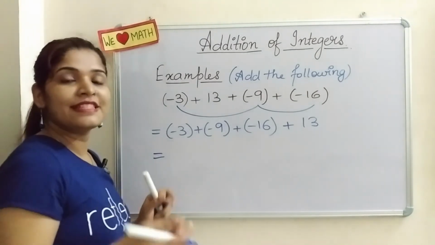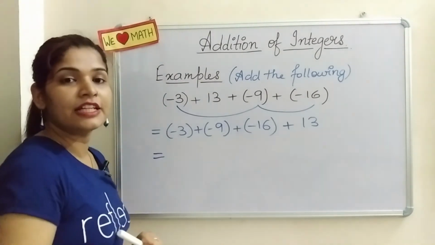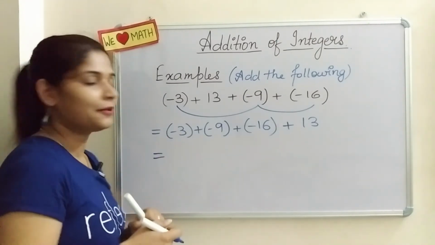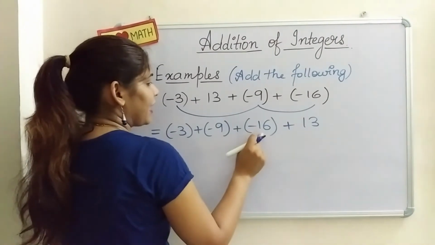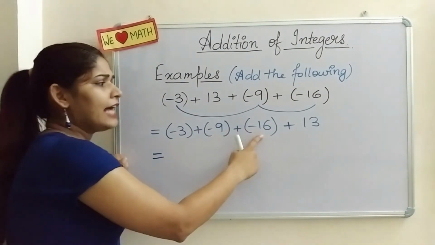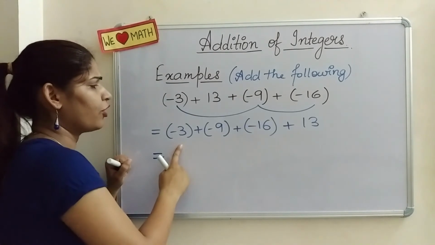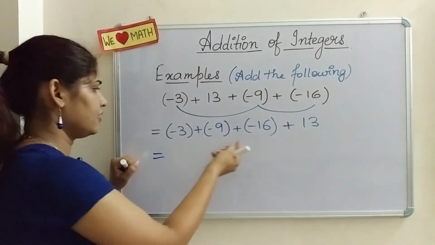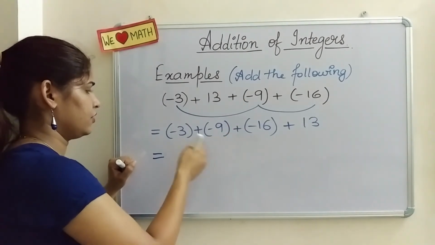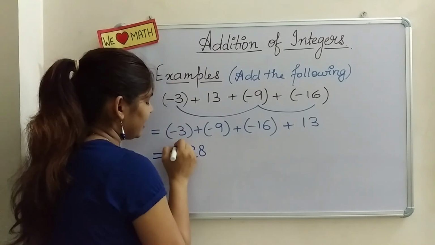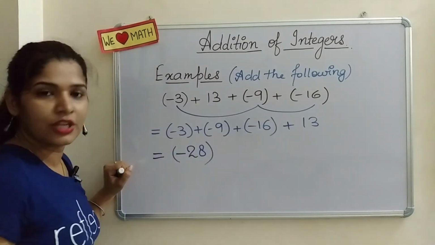When we have integers with the same sign, we are going to add -3, -9 and -16. The absolute values are 3, 9 and 16. When we add all three, what will we get, children? We will get 28, so -28. Why -28? Because they all belong to the negative category.